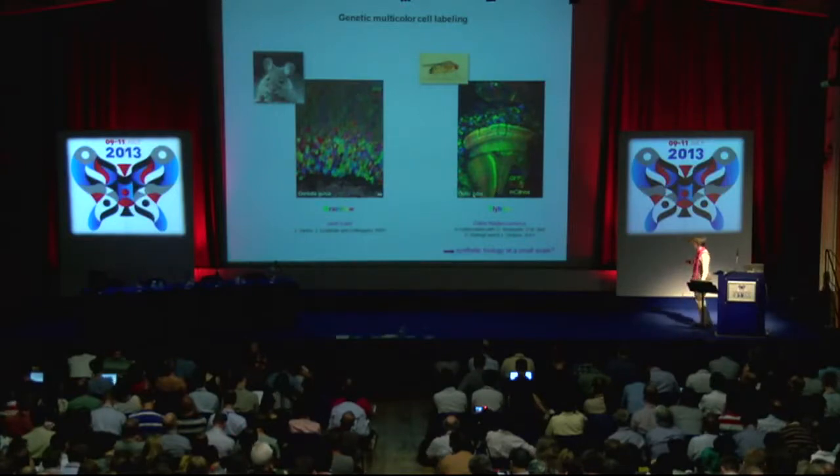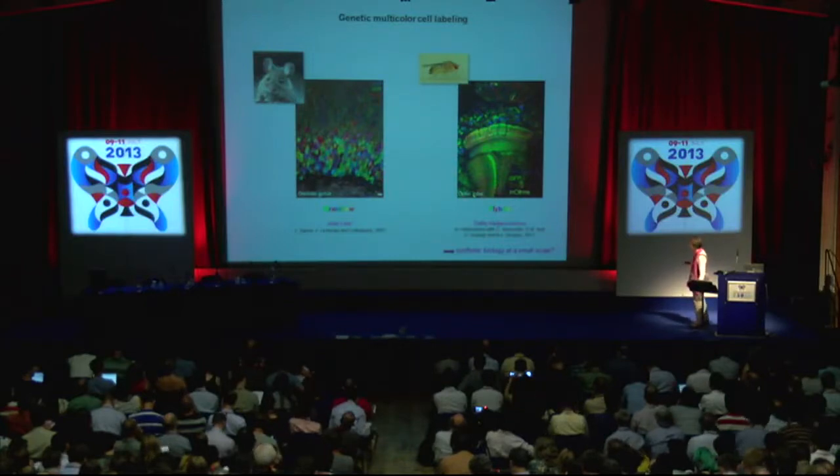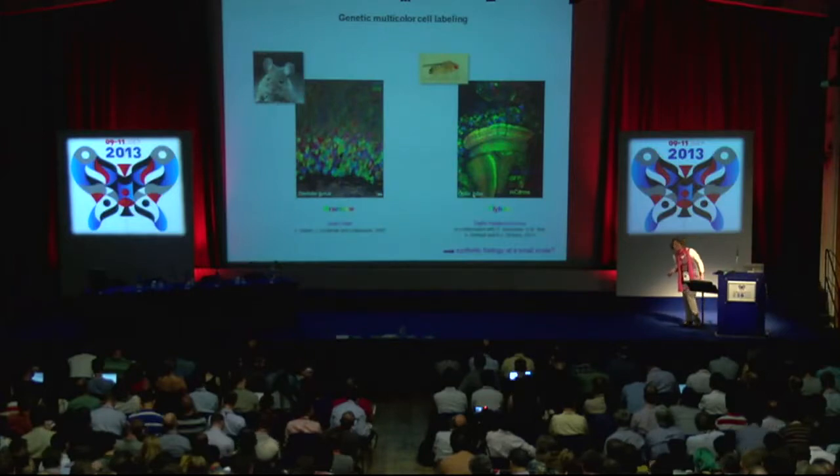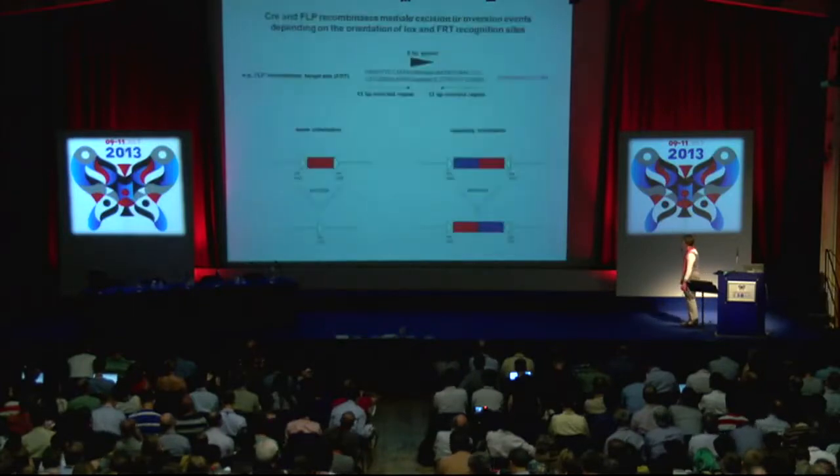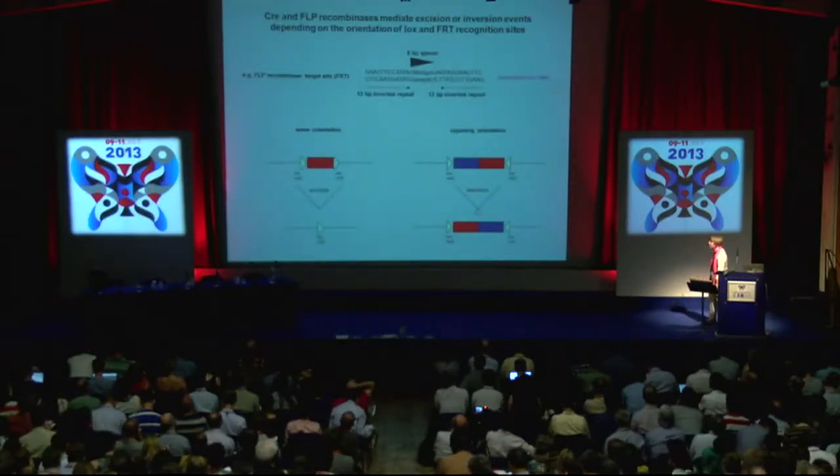And what we did in our lab is we wanted to build the fly equivalent, which we called FlyBow, and this was done by Dafni Hadjieconomou and our collaborators. And I feel almost embarrassed to say this, but this is like our little bit of synthetic biology at a minuscule scale. But how does it work?